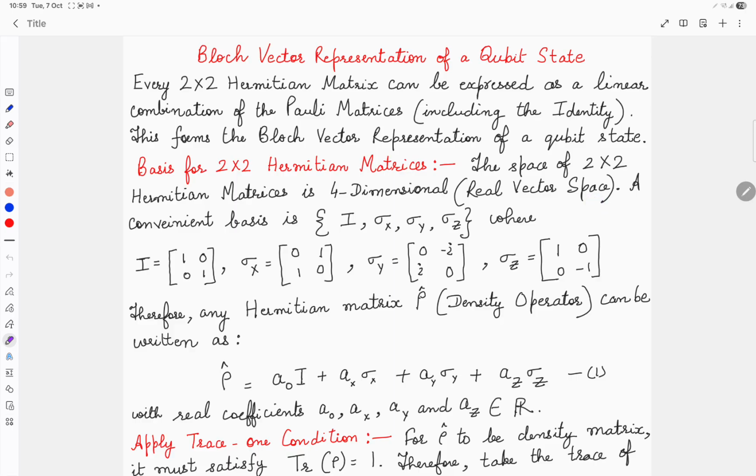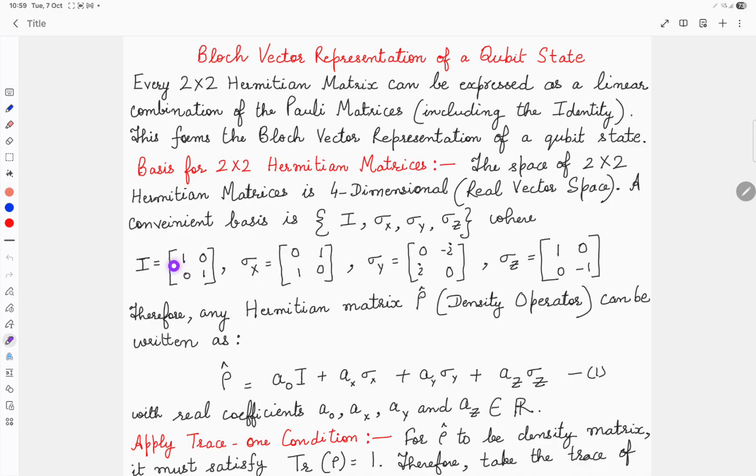So that means a convenient basis is the identity matrix, Pauli X, Pauli Y and Pauli Z. So that's the space available to represent a 2 cross 2 Hermitian matrix using these 4 entities.